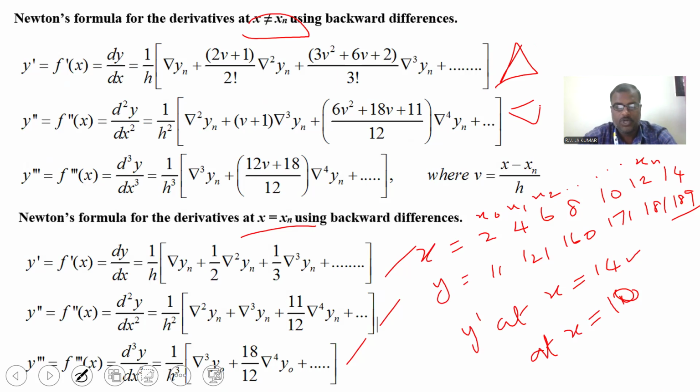Delta is for forward difference, del is for backward difference. It is better to use two formulas, at x = x naught and at x = xn, so there is no need for the cases x not equal to x naught or x not equal to xn. I'll tell you the shortcut method to find the answer by using only two formulas.